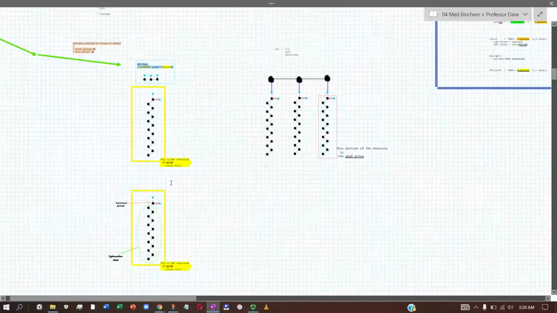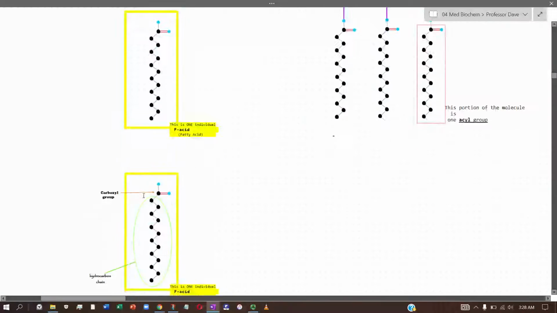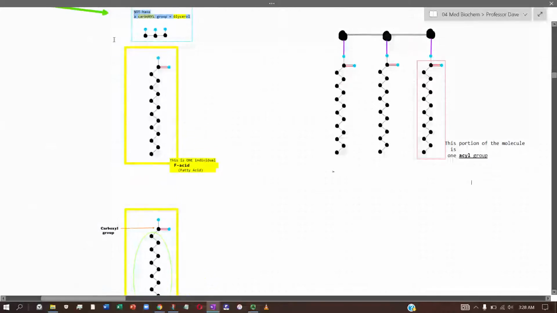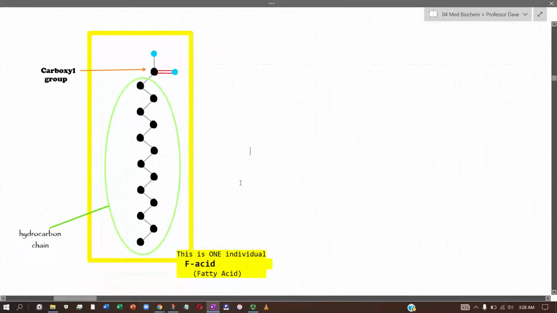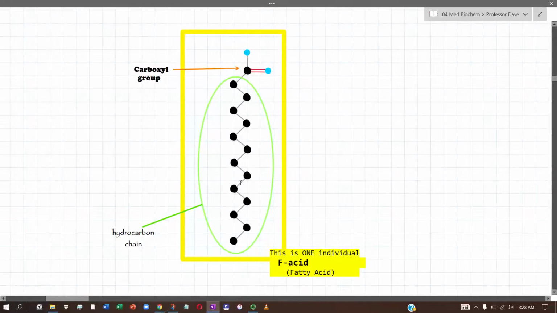So what else is going on? In this case, we're still examining a single individual fatty acid, but in isolation, examining the anatomy of the fatty acid. So here you have the carboxyl group. That would be the equivalent of CO2, as after chemistry has been done in order to make it mingle with this hydrocarbon tail.